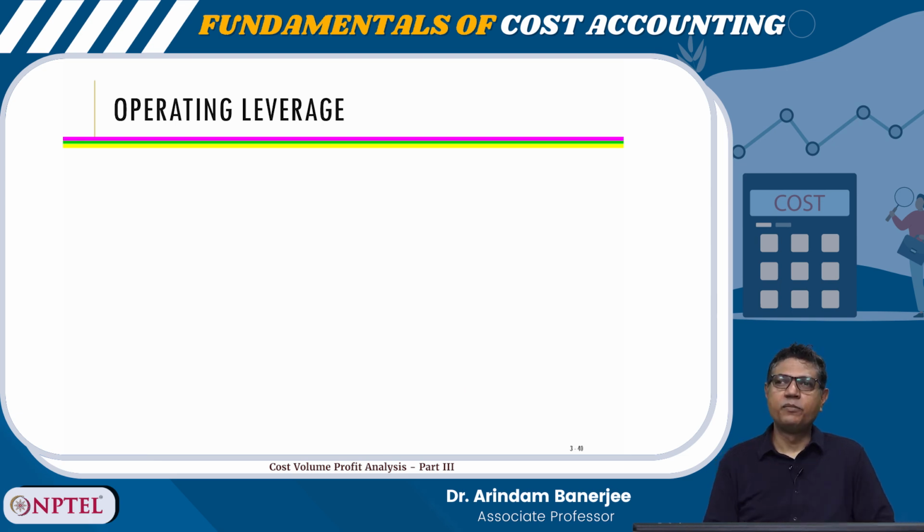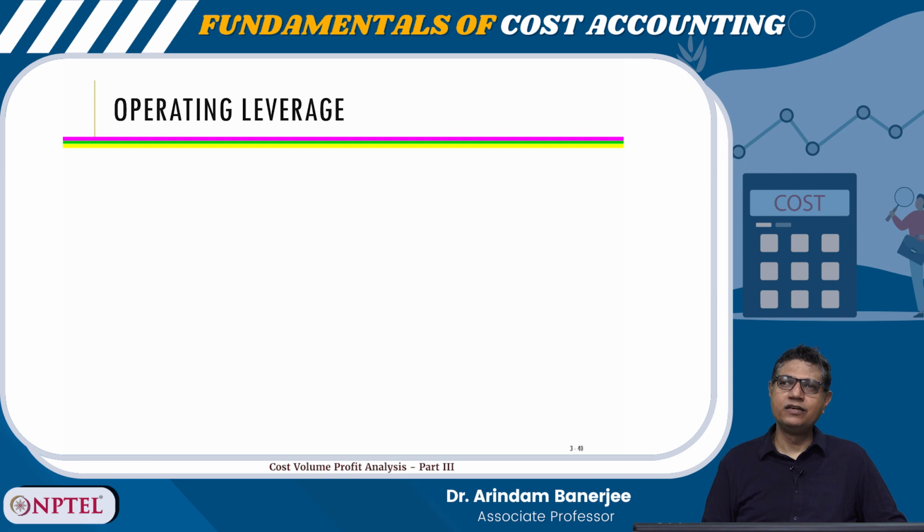So, we will discuss the operating leverage. Operating leverage is basically a phenomenon in which, due to the presence of fixed cost in the cost structure, the return on the capital invested increases or decreases disproportionately.